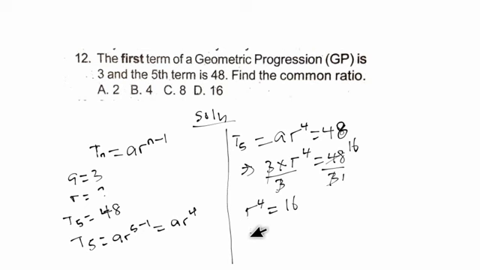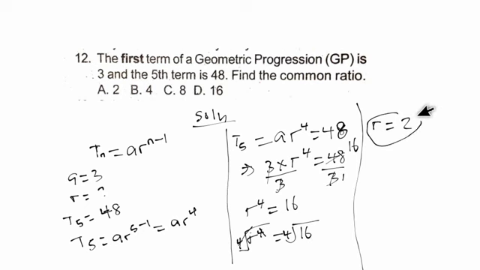So we take the fourth root of r to the power of 4, and also the fourth root of 16. So r is equal to the fourth root of 16, which is 2, because 2 times 2 times 2 times 2 gives us 16. So the answer for r, the common ratio, is 2. The option here is option A.